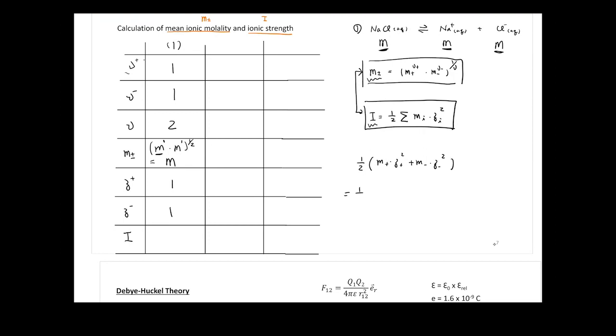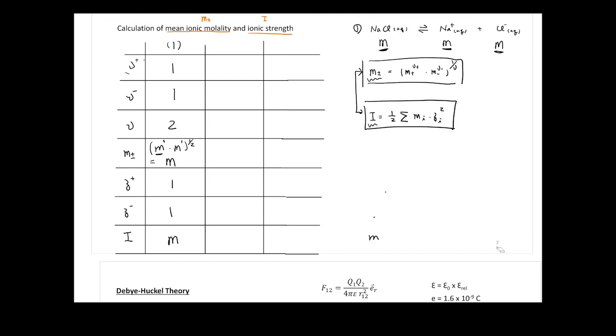So your m+ is just m, z+ is 1 raised to the second power, plus your m− is also m times z− which is also 1 to the second power. So this is 1/2 times 2m, so your ionic strength is also just m.